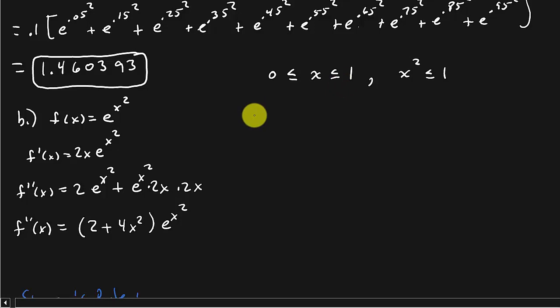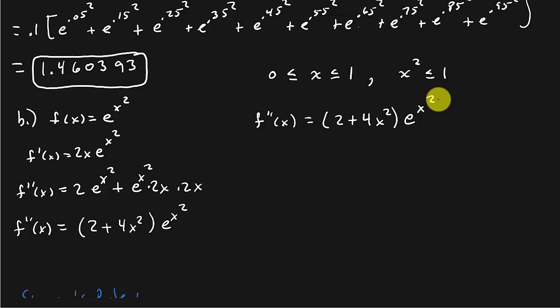So we've got f double prime of x. Okay, so f double prime of x is equal to 2 plus 4x squared times e to the x squared. All right, we know that. That's what f double prime is.